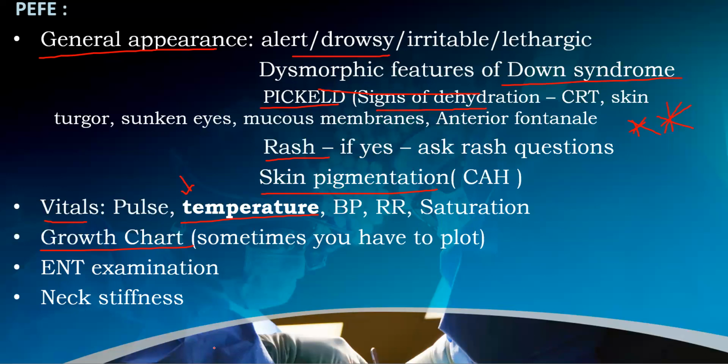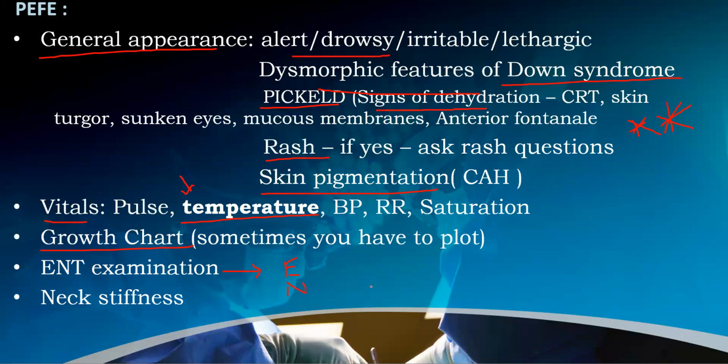In this case, you will start initially with the ENT examination, then you will move downwards. So you will say, dear examiner, I would like to do a head-to-toe physical examination, but starting with the ear, nose, and throat examination. In the ear, what you're looking for: is there any ear discharge, any tympanic membrane changes?